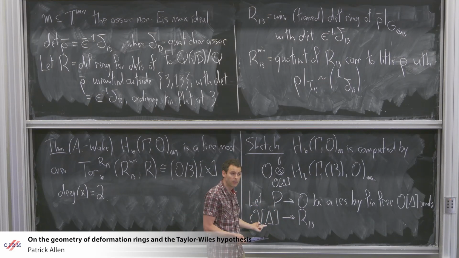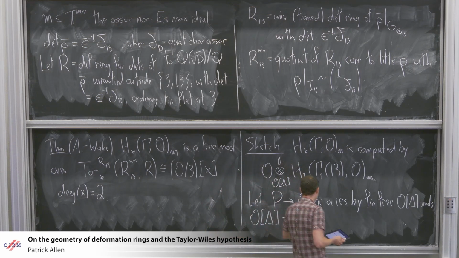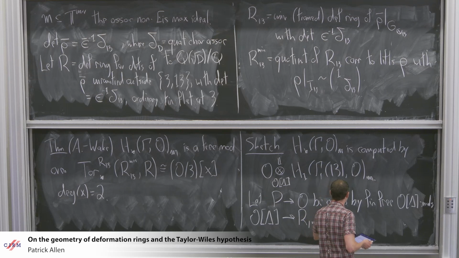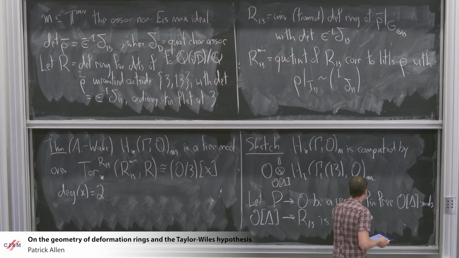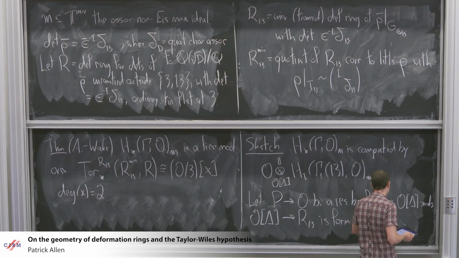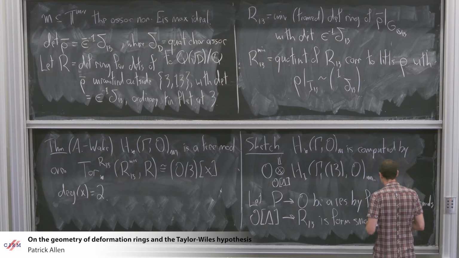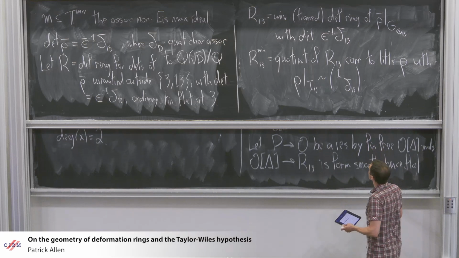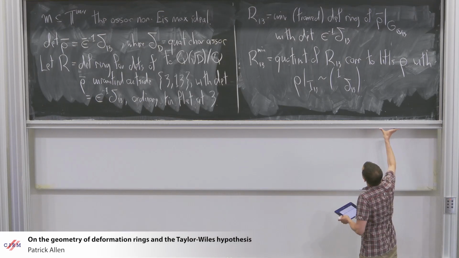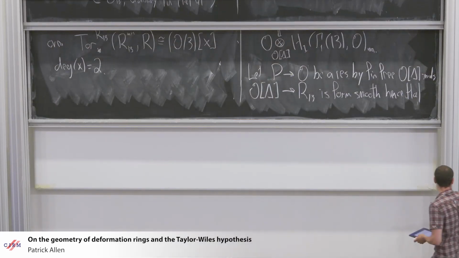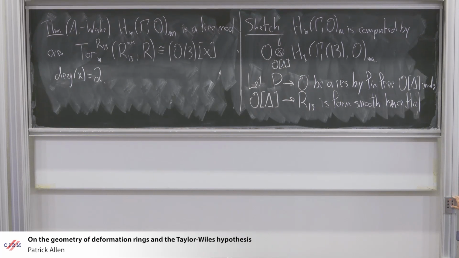So you have this map, and you prove that it's formally smooth, hence flat. And the coinvariants are exactly going to give you this minimal deformation condition.